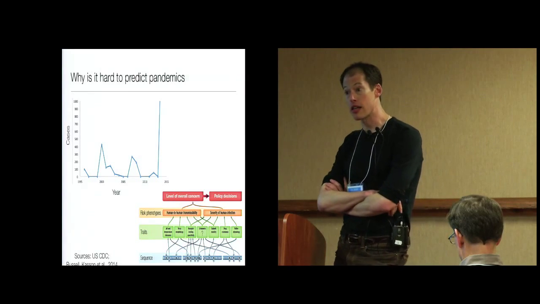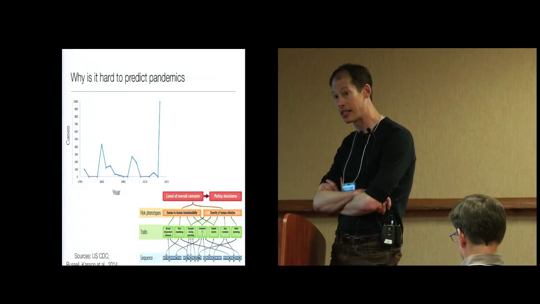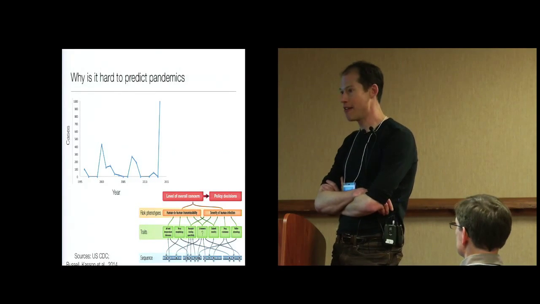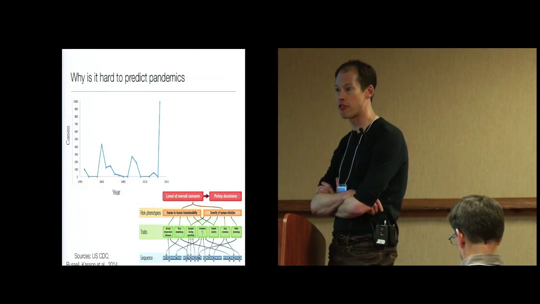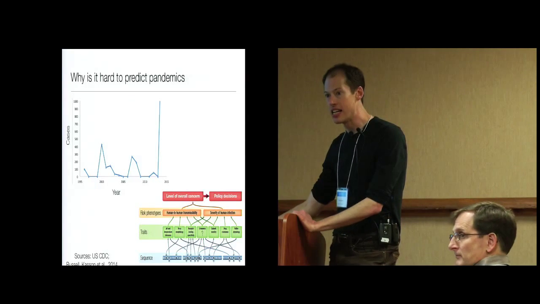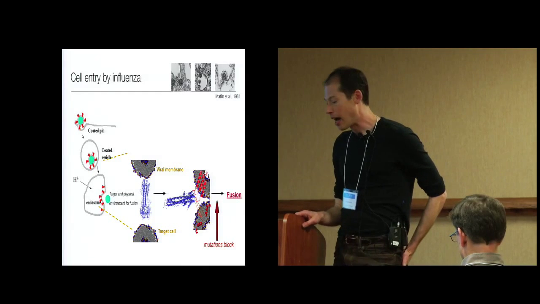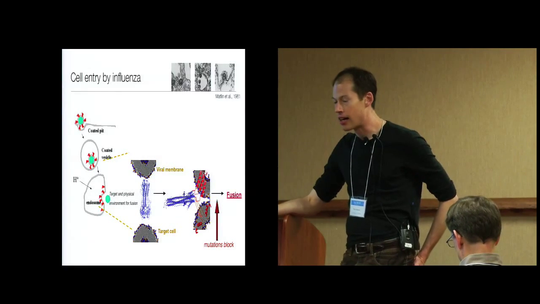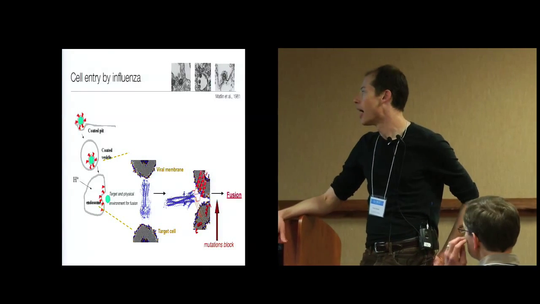For flu, there is a history of pandemics, and the one virologic factor that is highest confidence for positive predictive value for pandemic transmission is the hemagglutinin coat protein. And a lot of the work in my group focuses on physical interactions in cell entry by influenza.